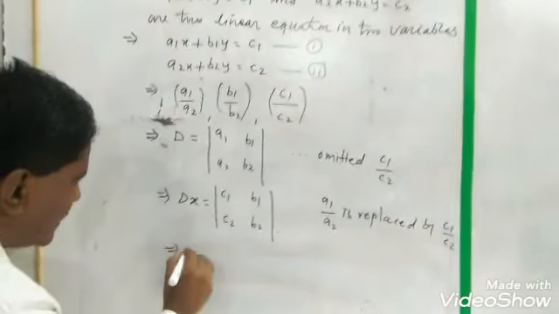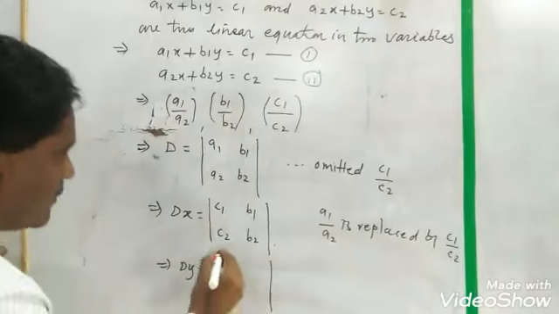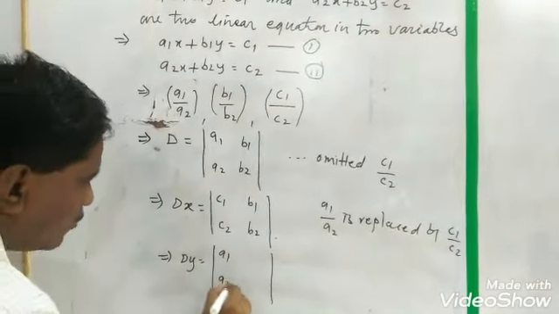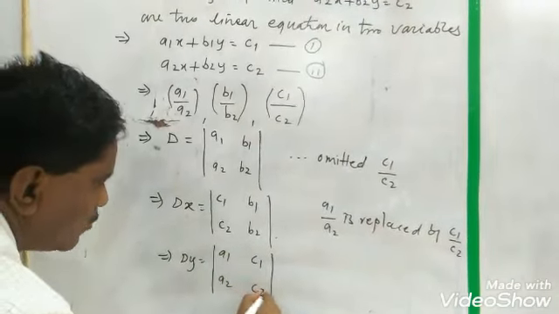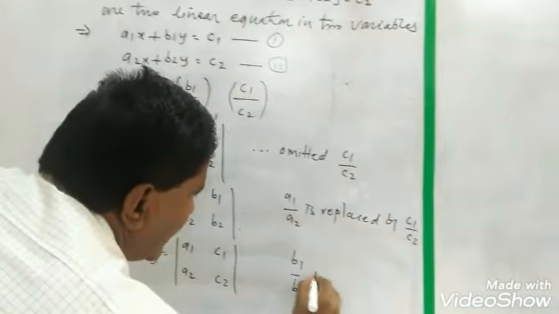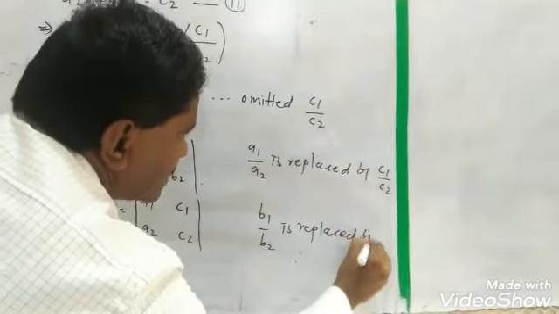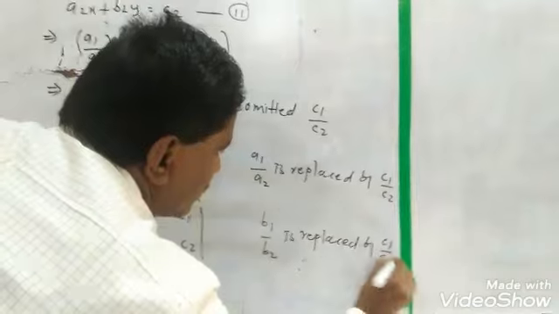Again the value of Dy is equal to determinant of order 2, that is a1 a2, here c1 c2, that is b1 b2. Here b1 b2 is replaced by c1 c2.